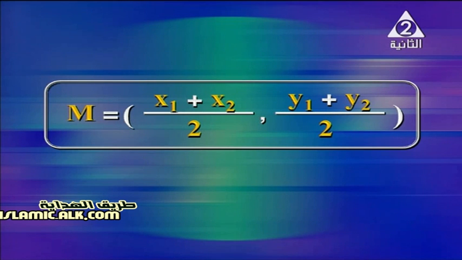And this is going to be our rule to find the midpoint of a line segment. So it is x1 plus x2 over 2, the sum of the x coordinates of points A and B divided by 2, and the sum of the y coordinates of B and A over 2. Let us have some examples to explain such a rule.